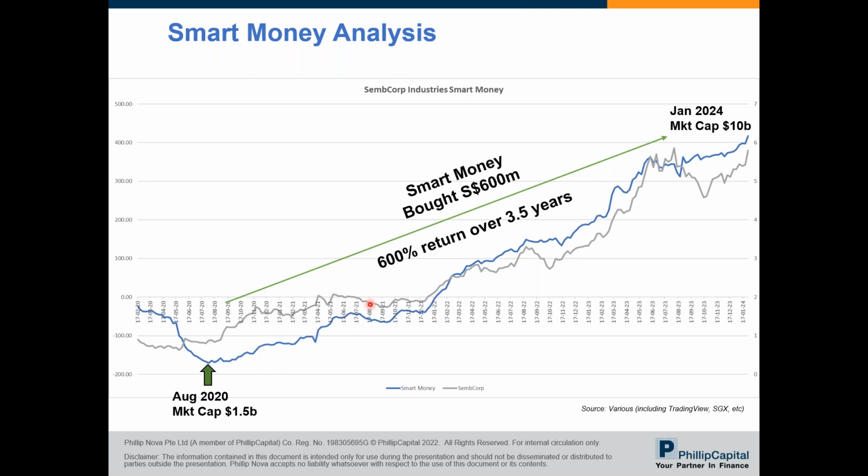But even after then, right, the profits that Sembcorp Industries is bringing in doesn't really warrant a 600% return over 3.5 years, right? But the investment into this is really because of the future development, technological trends, as well as government policy.